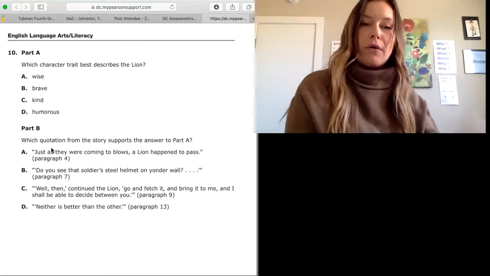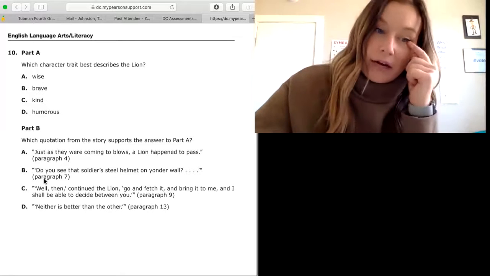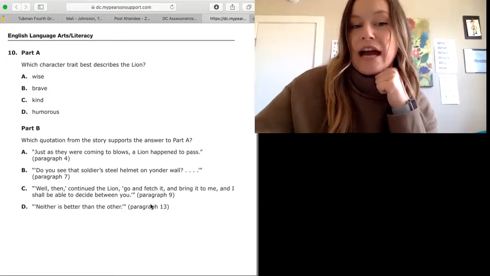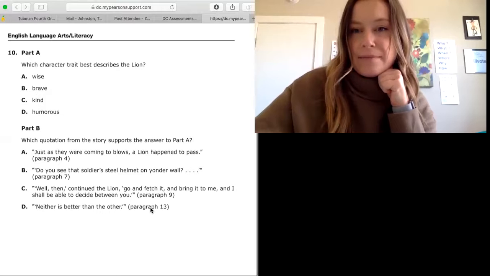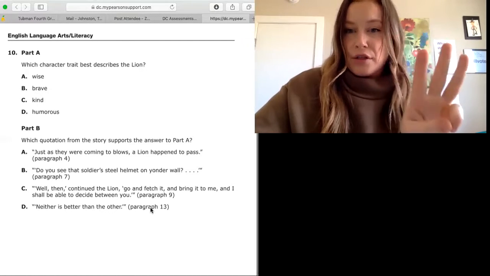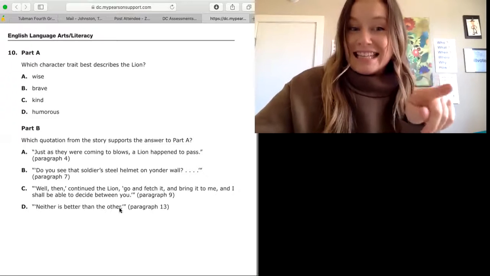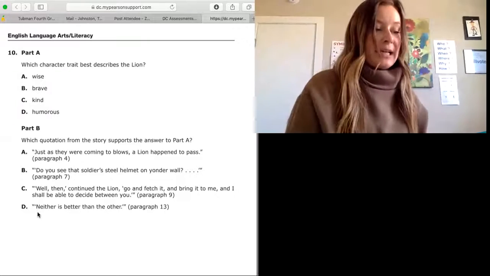Where would you go? Would you go to A, paragraph 4, B, paragraph 7, C, paragraph 9, or D, paragraph 13? Shout out this answer in 5, 4, 3, 2, 1. It is D, paragraph 13.